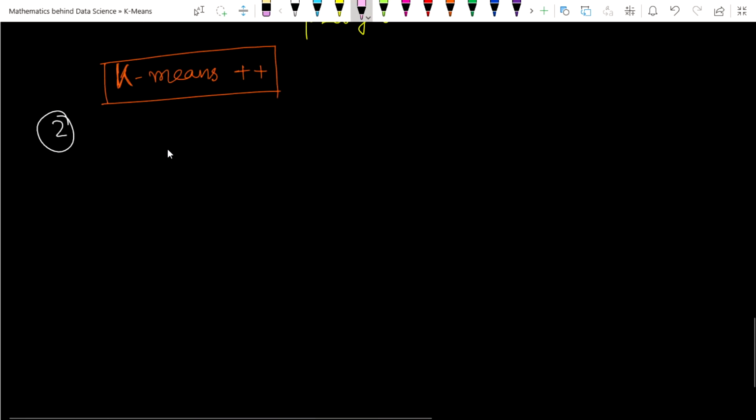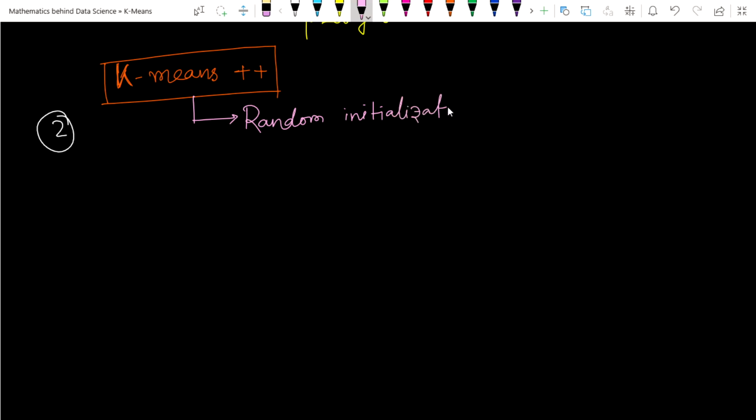Instead of using the random initialization, we will use some probabilistic initialization. Probabilistic means you can call it a smart kind of initialization.